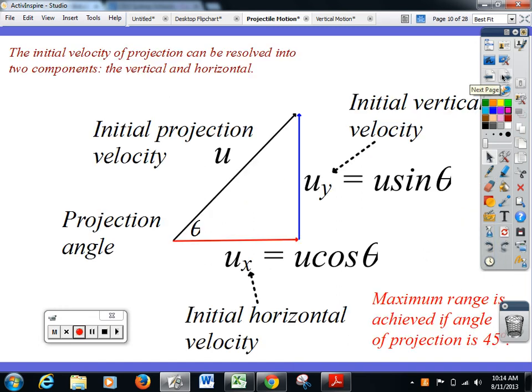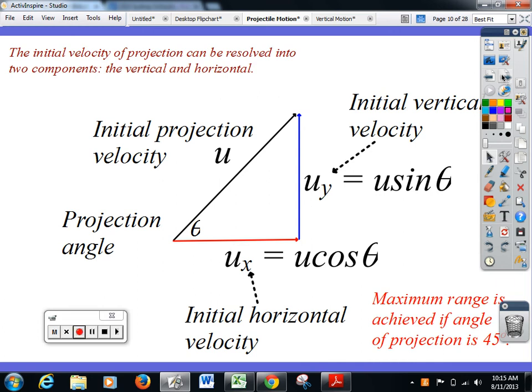So how do I work out the initial vertical velocity? Well, we do it by this triangle. I want you to imagine that we're projecting an object at this angle. Now, we've all seen volleyballers do it. You know how to serve in volleyball. You put your fist at the right angle, you hold the ball, and then you hit the ball at the right angle.